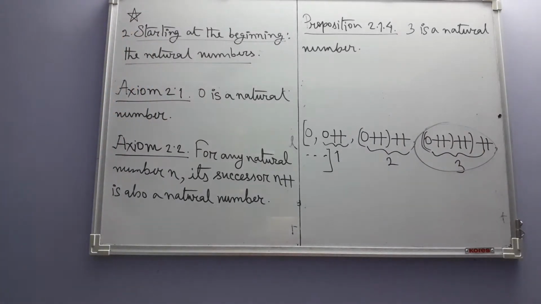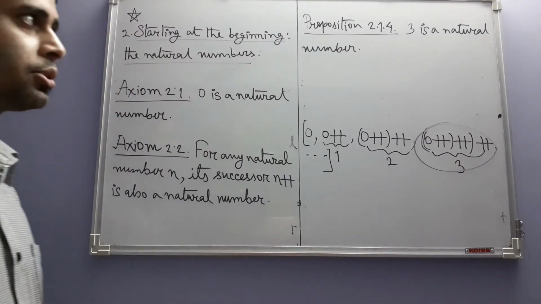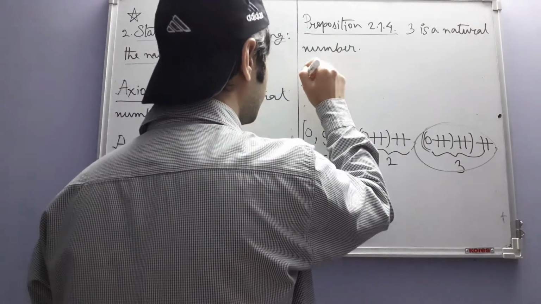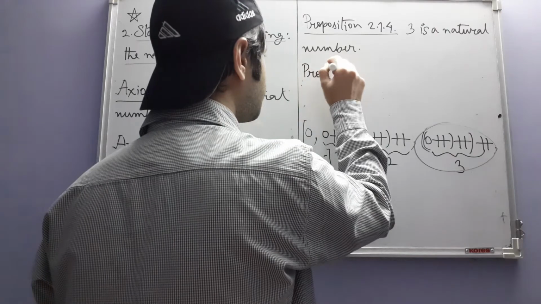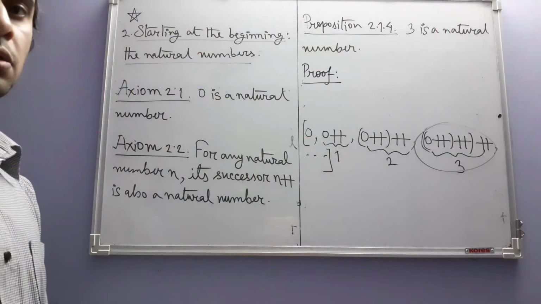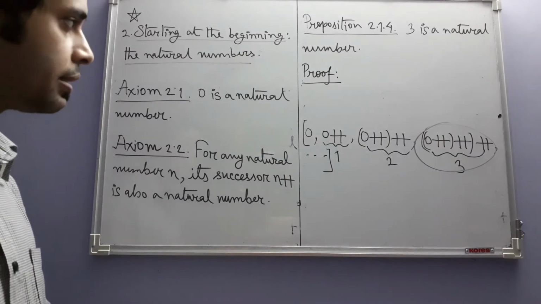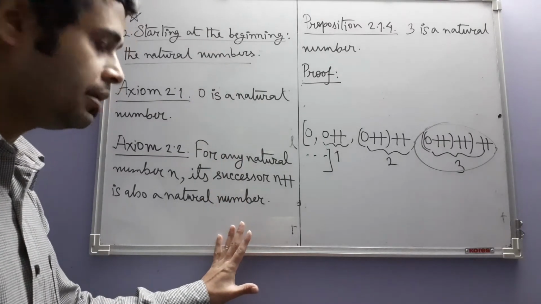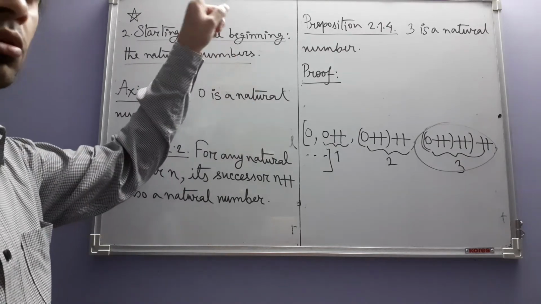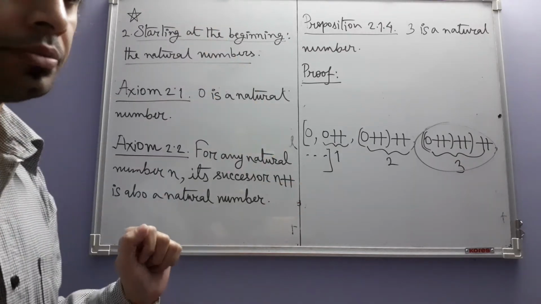If we are asked to show that 3 is a natural number, we have to show it. So here is the proof. And in proving this fact, we cannot use anything that we already know about natural numbers other than what we have seen here, not anything that we know before this discussion.